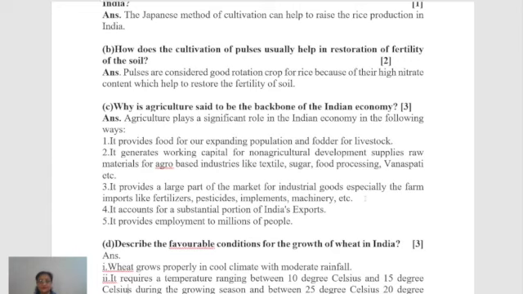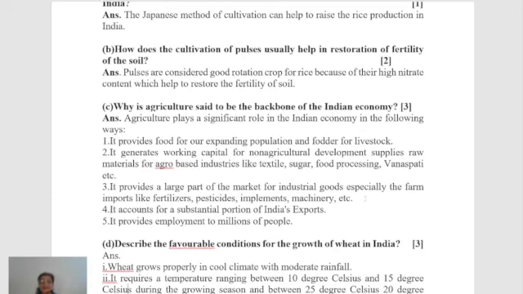So when we keep all these things in mind, naturally we can say that it's 100% correct that agriculture can be said to be the backbone of the Indian economy, right?